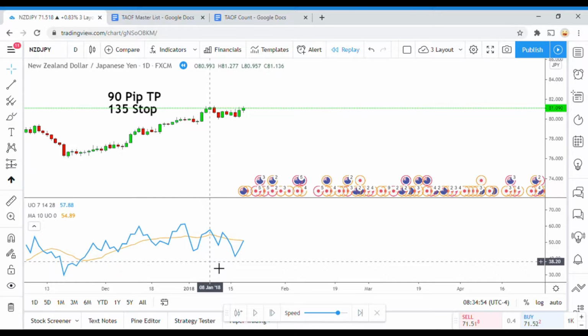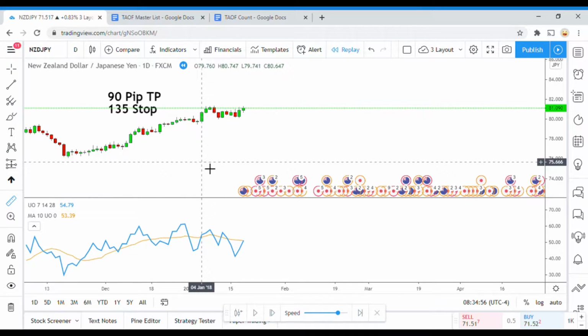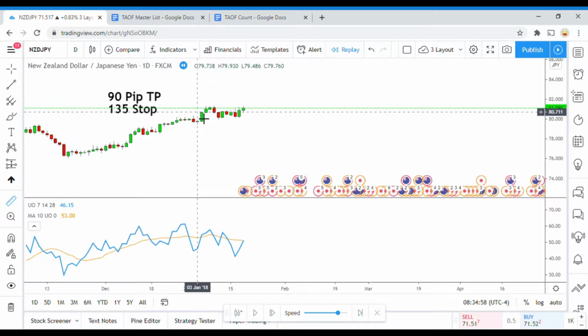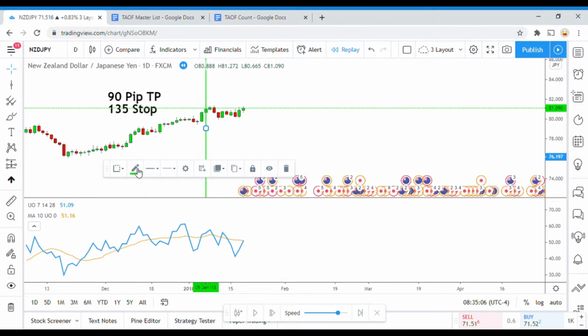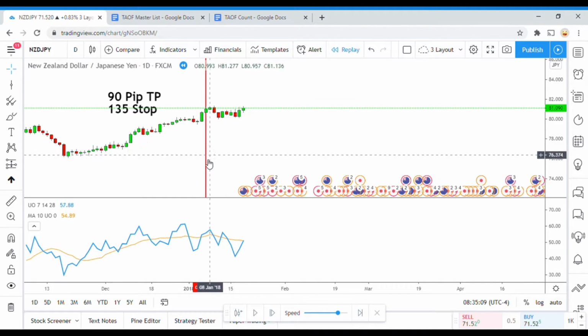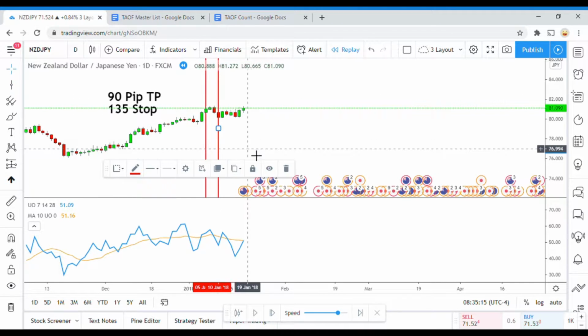Alright, so first one crossed there, up, then this one here does not look like it made it to our take profit, and it looks like it dropped down there.